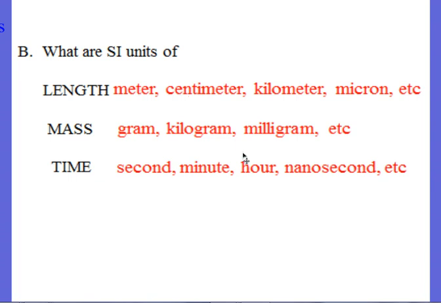From this list of many possible units, we're going to choose some and call them standard SI units, or metric units, or MKS units. From this list, will you please circle the one that is the standard unit?